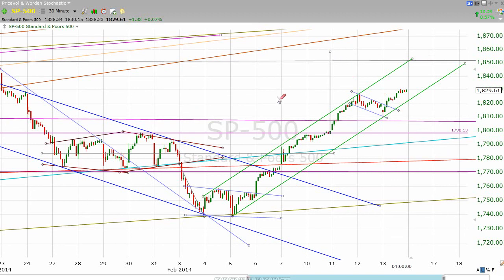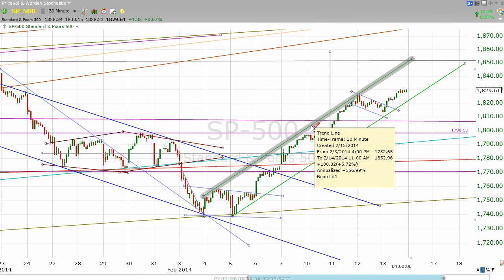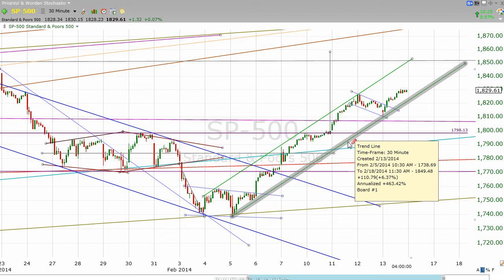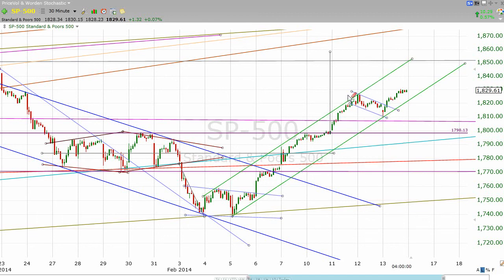So guys, if you don't mind me doing that, I'm going to make this a revision of the chart, a wider channel, and here's our bull flag. And now let's see if tomorrow we get on up and start to challenge. I think a good challenge tomorrow at some point would be to try to knock on 1840.